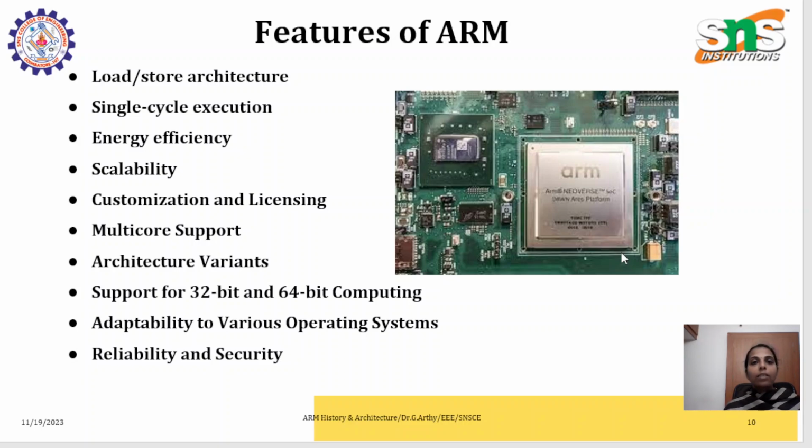Customizing and licensing is also provided by ARM, which is a special feature. Then it supports multi-core. Different variants, as we have seen, ARM Cortex variants, are also available. Support for 32-bit and 64-bit computing is also available. It is adaptable for various operating systems, such as Linux. Then it is highly reliable and secure for whichever operating system is used.